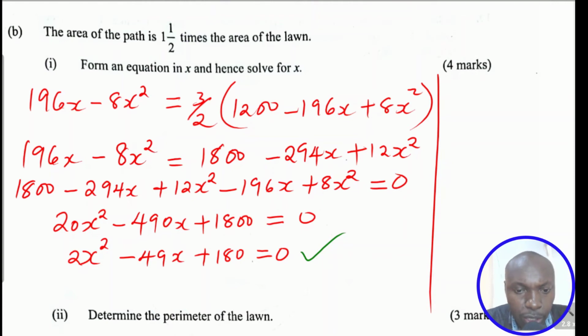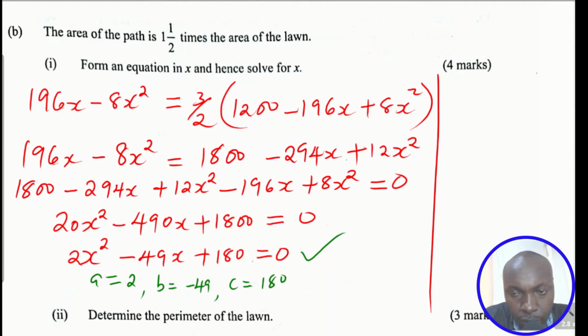Now to solve for x, you can use any suitable method. Let me go directly to the quadratic formula, where the value of a will be 2, b will be negative 49, and c will be 180.